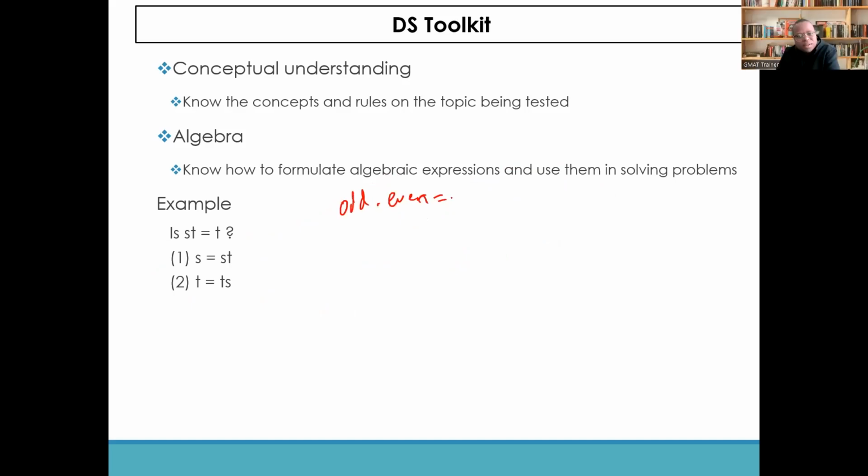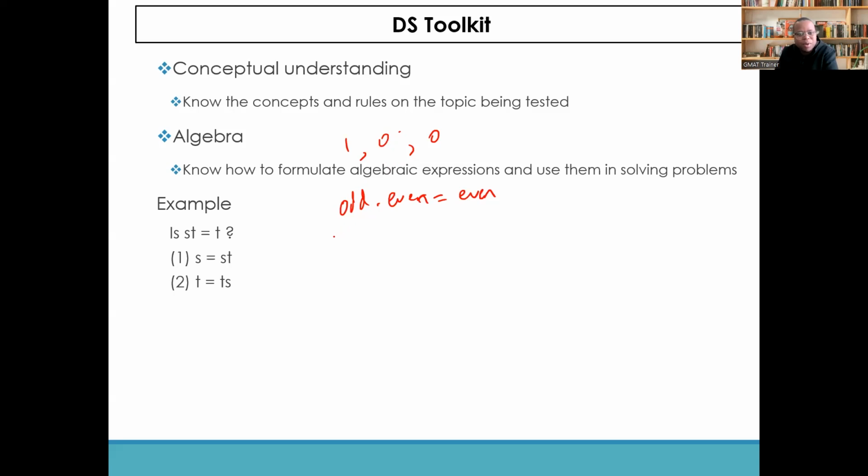So statement 1 is still 1 and 0. Are you seeing that? Yes. So it still works because it's just a different version of the other one.